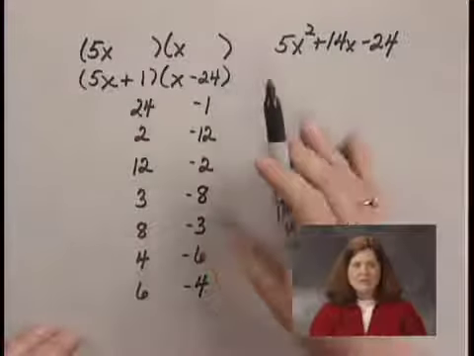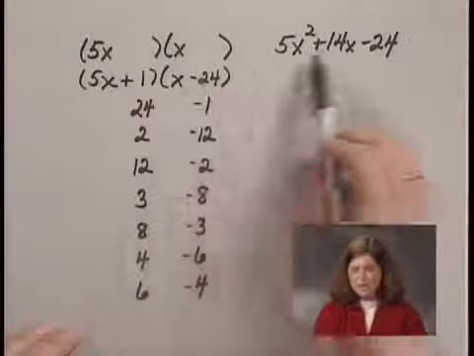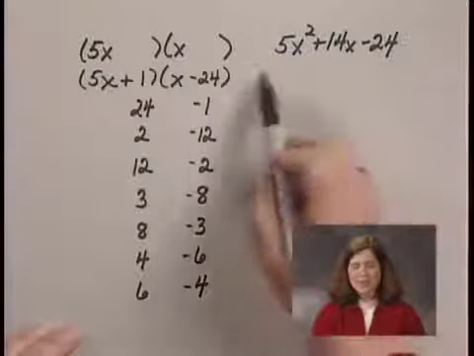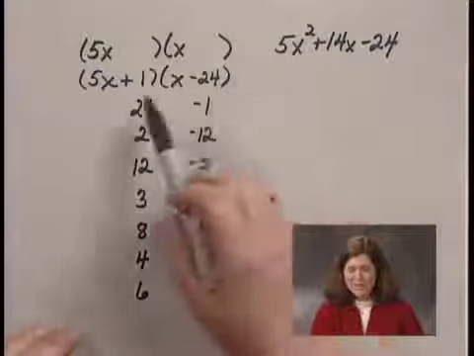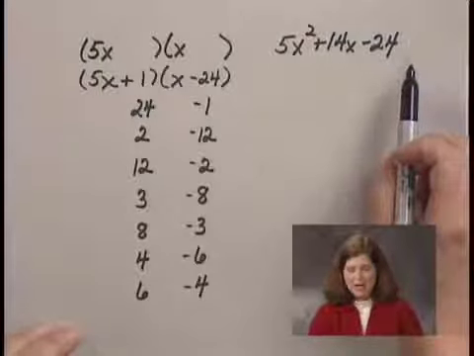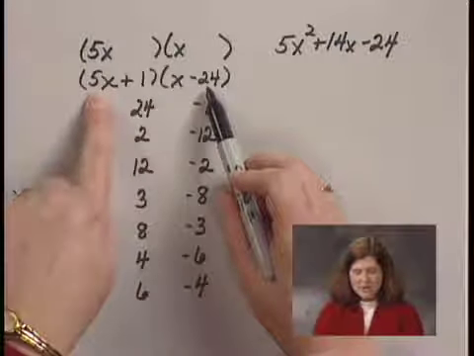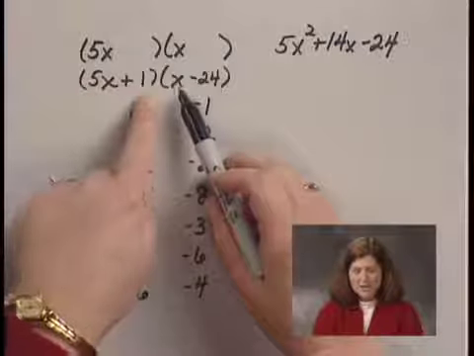Now, to shorten things up, I'm not going to write the 5x squared and the negative 24 in each of these products. I'm not going to write an equal sign either because they're not equal, because I've designed this so that this first term and this last term will always be accurate. My middle term is negative 24 times 5 plus 1.